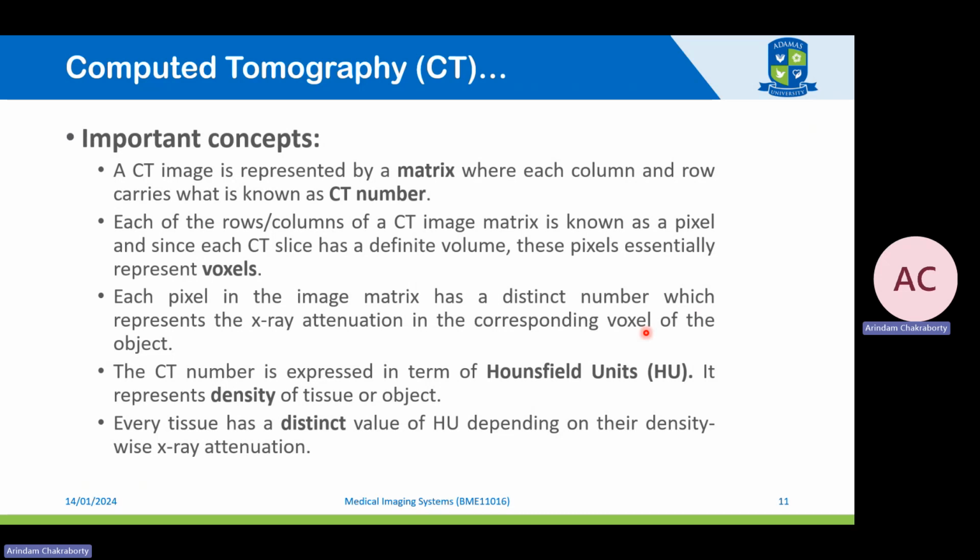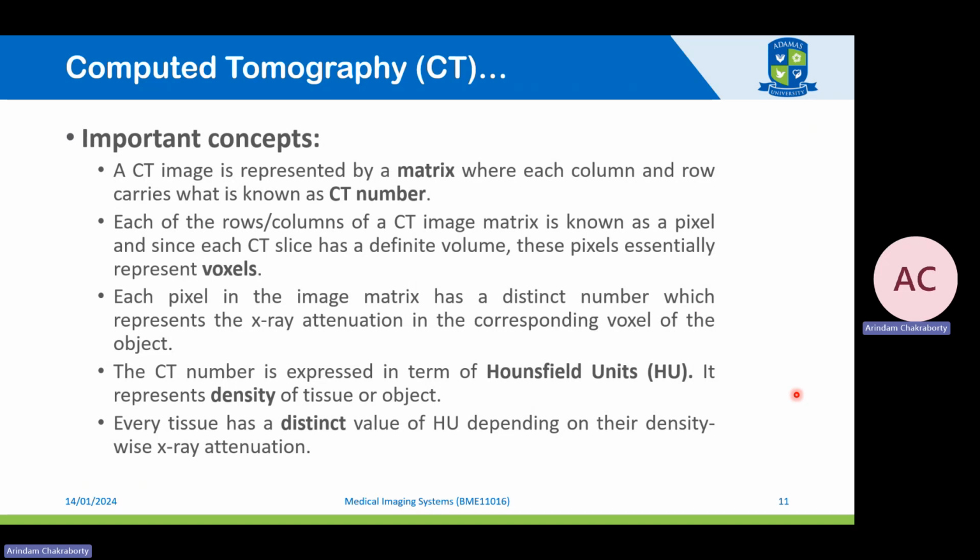Depending on the density, as we already talked about, X-rays are attenuated when they pass through a solid object. So depending on the density of the tissue in the human body, the attenuation of the X-rays will be different, and the final output of that attenuated ray will be saved in the matrix as a CT number, expressed in Hounsfield units.